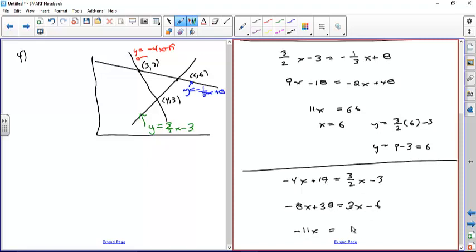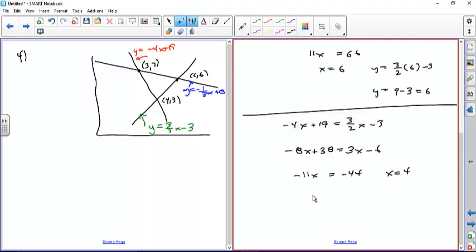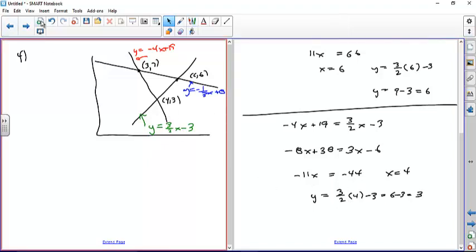And move that to the other side. And that becomes negative 38 minus 6 is negative 44. Divide by negative 11, you get x equals 4, which agrees with what I have. And then you could use either equation. So I'm going to use this one. 3/2 times 4 minus 3. So that's 12 divided by 2, which is 6, which is 3, 4, 3. Okay, so those are the limits.